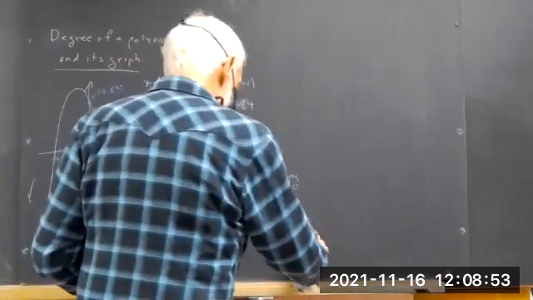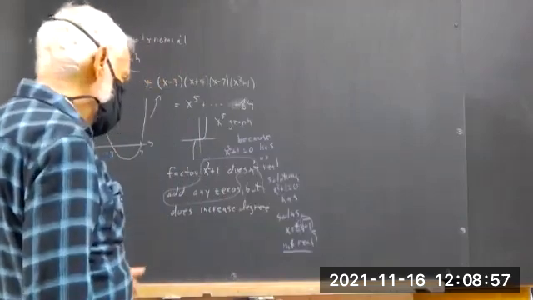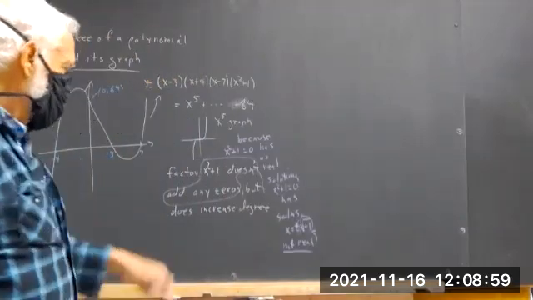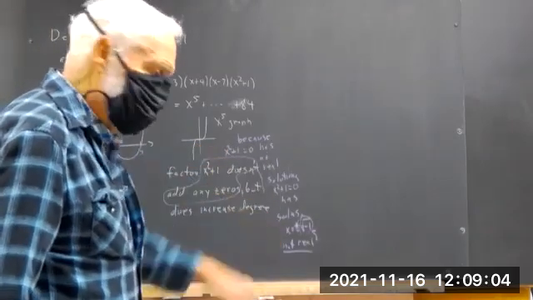The square root of negative 1 is not a real number. There's no number you can square and get negative 1. So x squared plus 1 can't be 0 because you can't solve that equation.